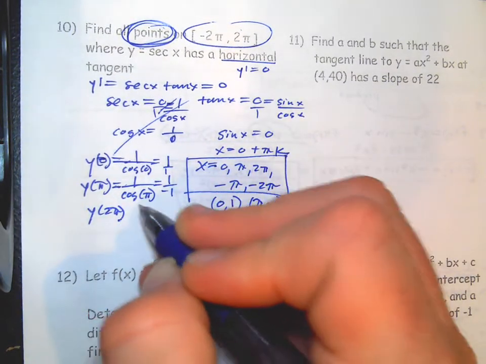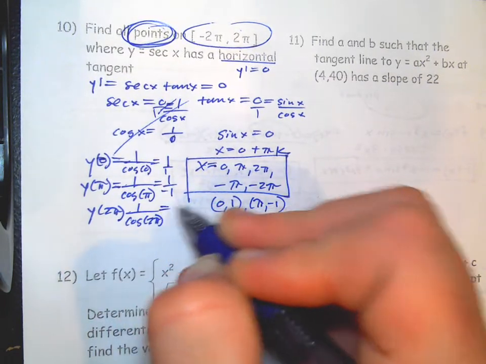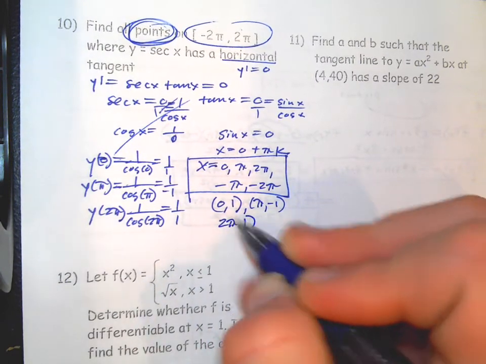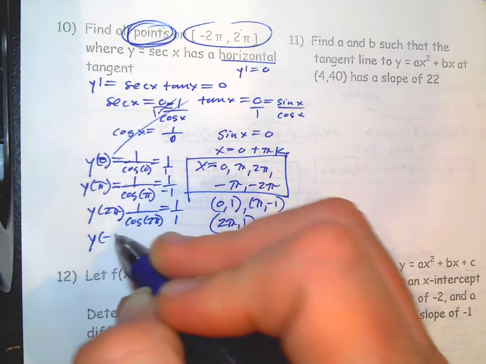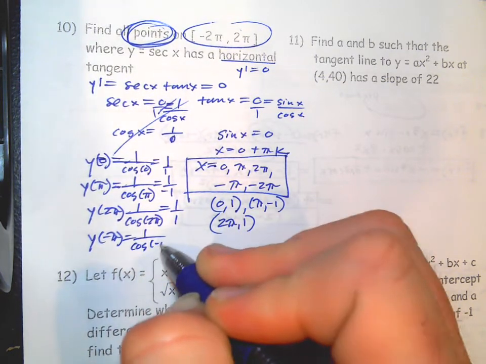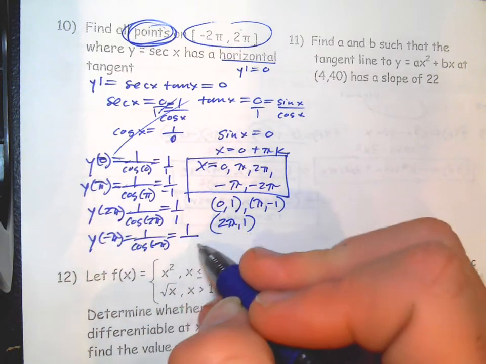2 pi would be 1 over cosine of 2 pi, which is the same thing as 1 over cosine of 0. That's 1 over 1, so at 2 pi it's 1. And negative pi, 1 over cosine of negative pi, that's also going to be negative 1.